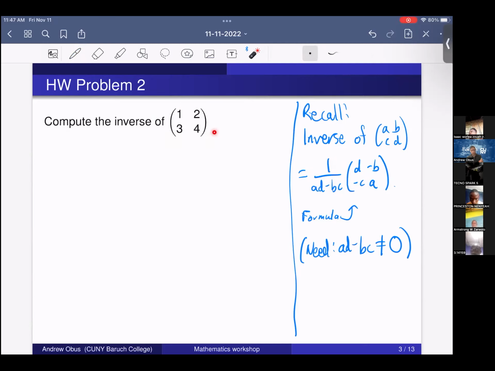So if we want to plug in this matrix to the formula, who wants to try to write down the inverse of this matrix? Yes, let me try.